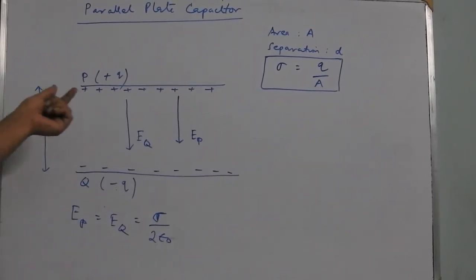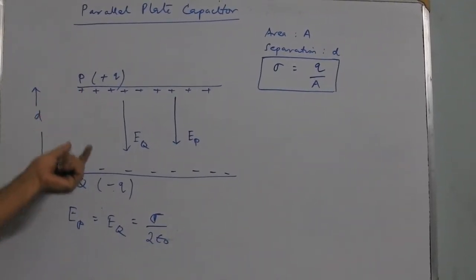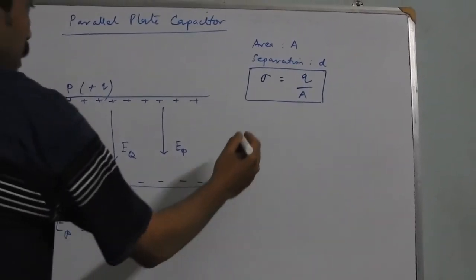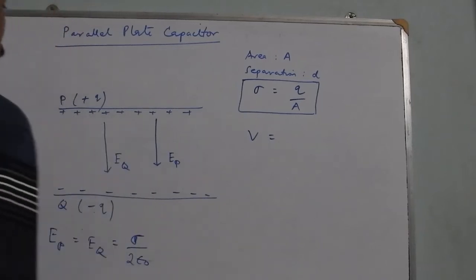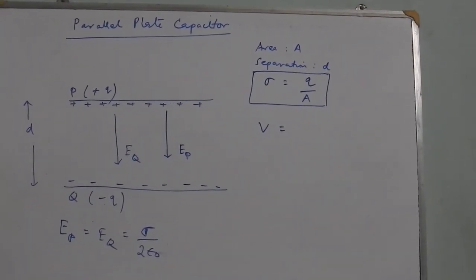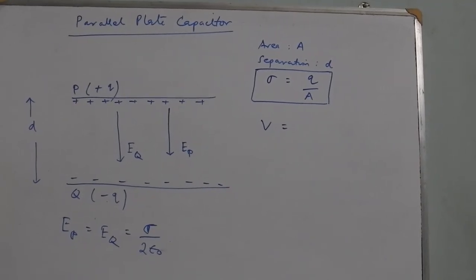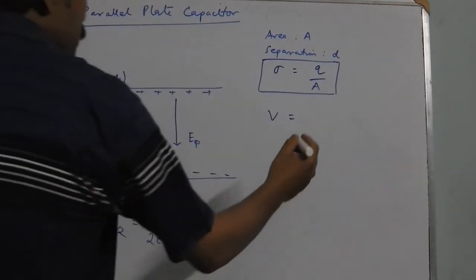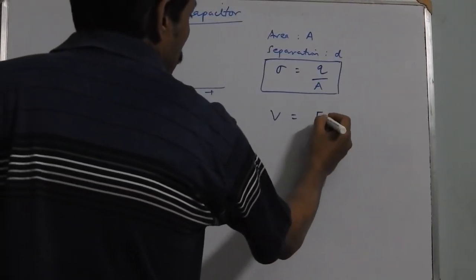Now we know that the positive plate will be at a higher potential and the negative plate will be at a lower potential. So potential difference V will exist, and by the definition of electric field as the negative of potential gradient, we know that V is equal to E into d.